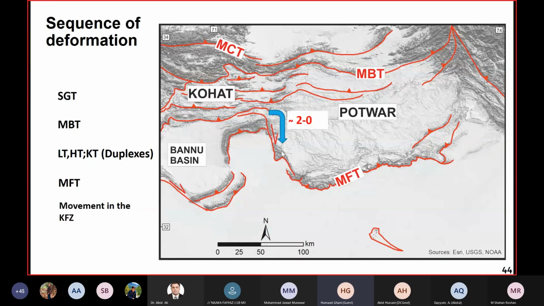From 2 million years to today, this part of the Kalabagh fault zone is active, exerting the first kind of control on the southeastern part of the Kohat, where you can see that the current thrusts, the Hukni thrust, are changing their strikes, and the salt is actually migrating towards the south under the Gundi lobe.